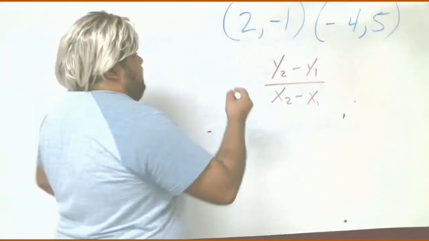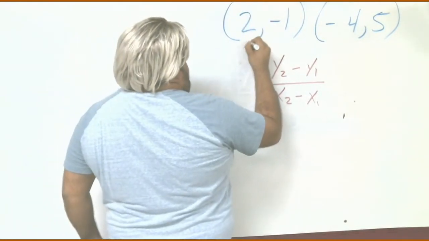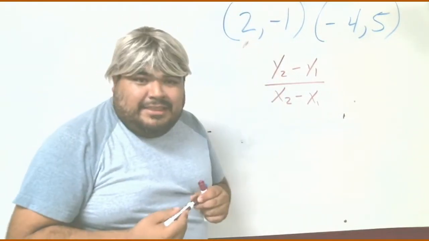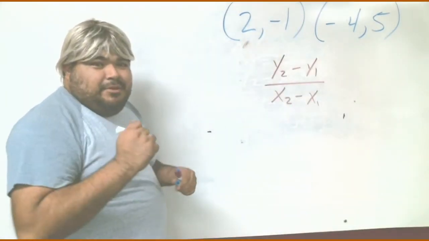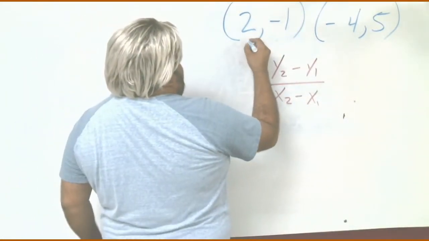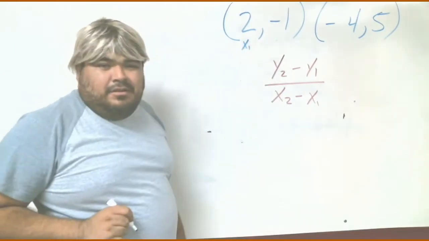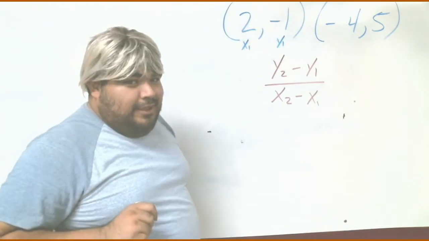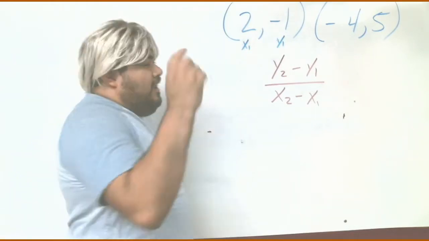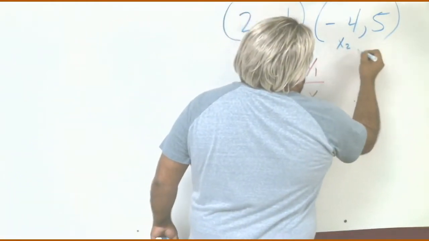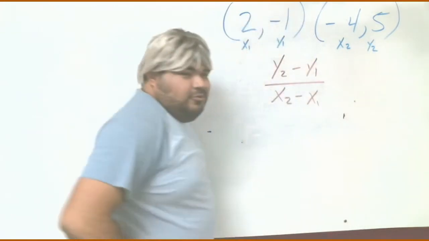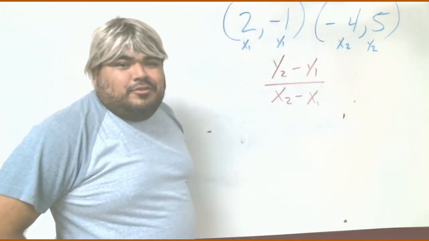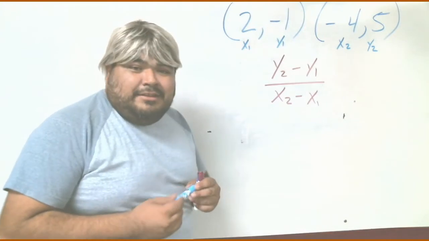It's okay, this marker doesn't work, so we can move on to the next marker. The first point is x1, then we have y1 on the first point. On the second point, we have x2, y2. Okay?